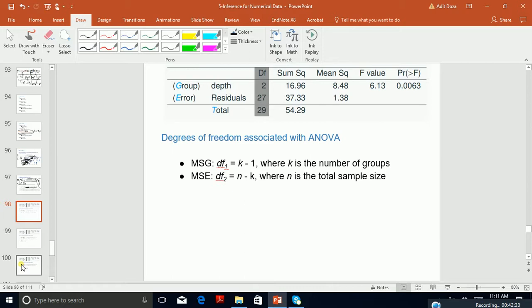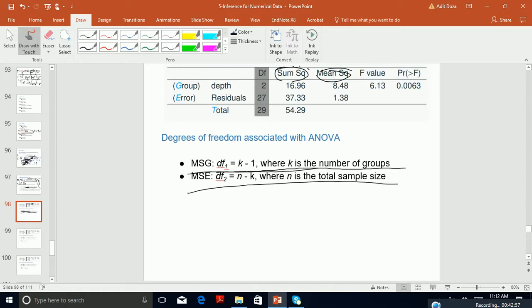So here the sum of square within group, you will see that this is the sum of square, this is the mean square, and here MSG is k minus 1, where k is the number of groups. Okay, so they also have a degree of freedom.